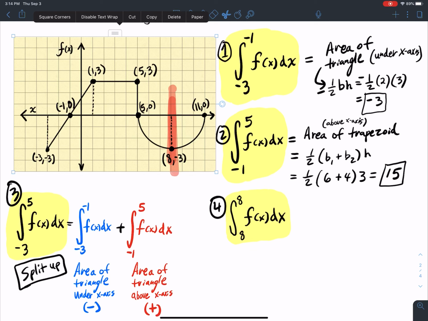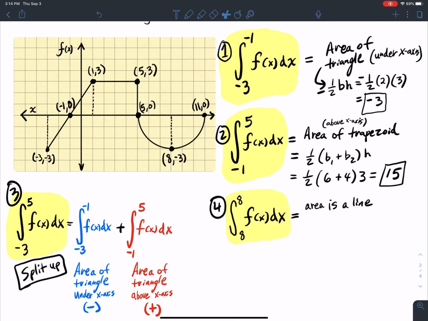Oh my goodness. What did we say whenever we were trying to find the area of a line at a single point that has no width? Look, guys, if there's no width here, you think about the area of one rectangle. It's base times height. Well, if the base of the rectangle has no width, then the base is equal to 0.